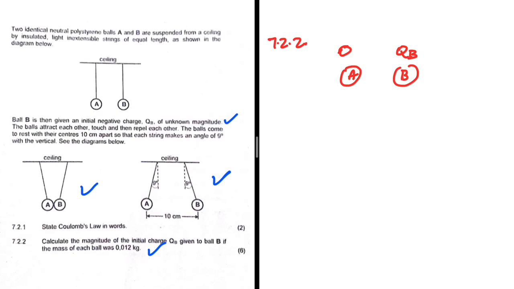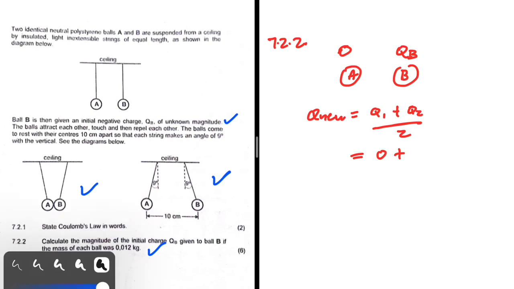We have Q new being equal to Q1 plus Q2 divided by 2. But the charge of sphere A, it is neutral, so that is 0. And then what about sphere B? Sphere B is given an initial negative charge QB.